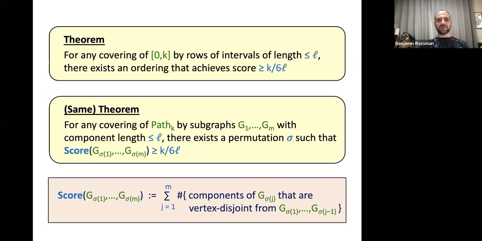Let me now restate this theorem in terms of coverings of the path graph, in order to align this with what was on the previous slides.